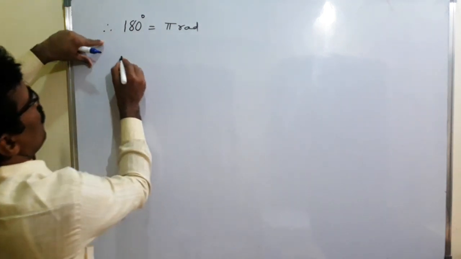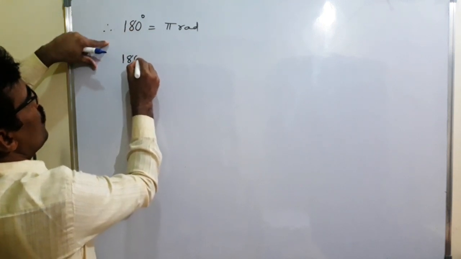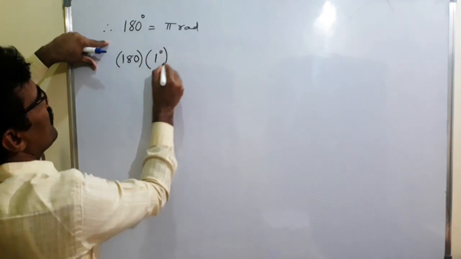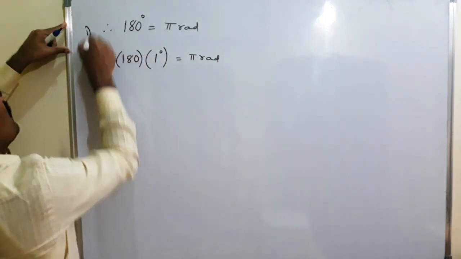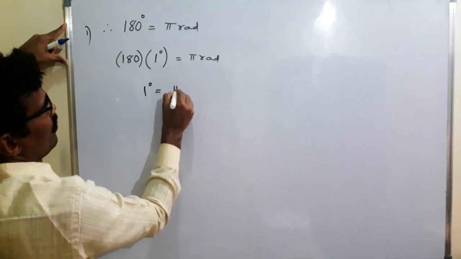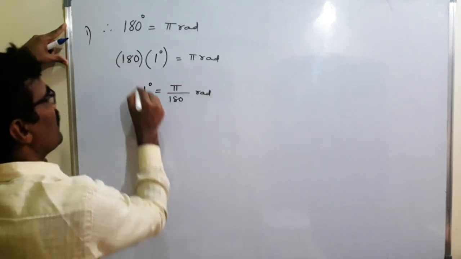180 degrees can be written as 180 times 1 degree, which is equal to pi radian. Sir, so 1 degree is equal to pi by 180 radian.